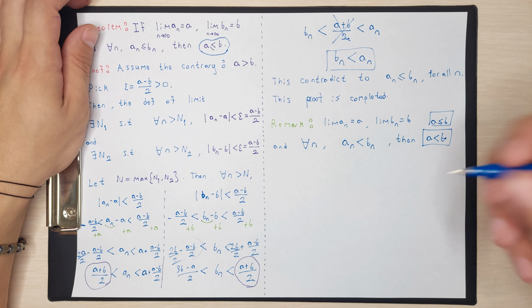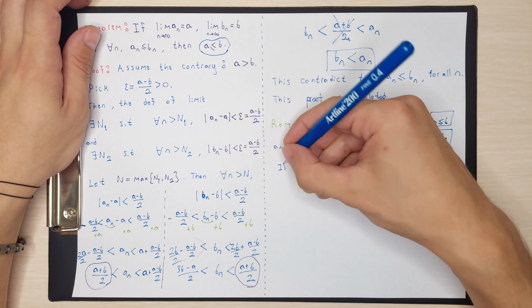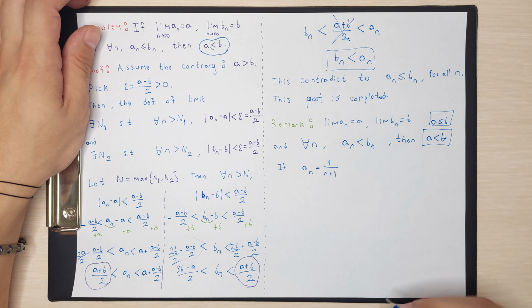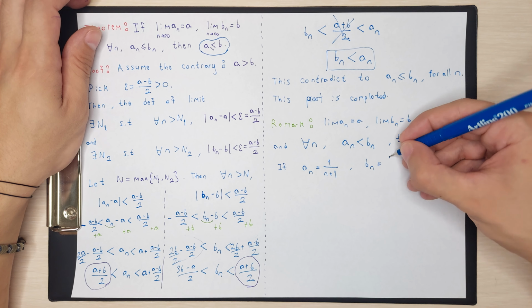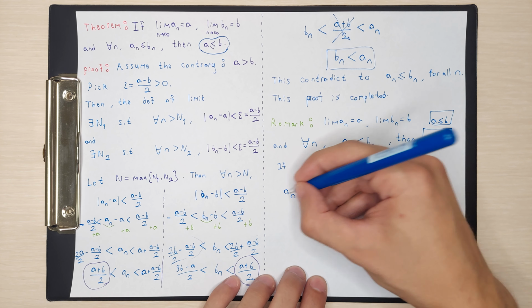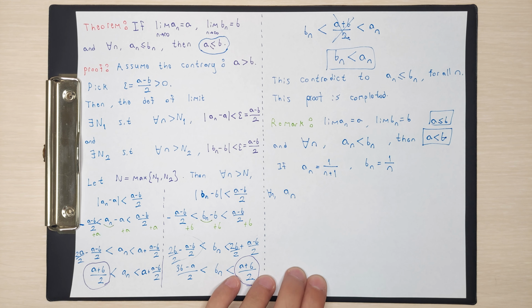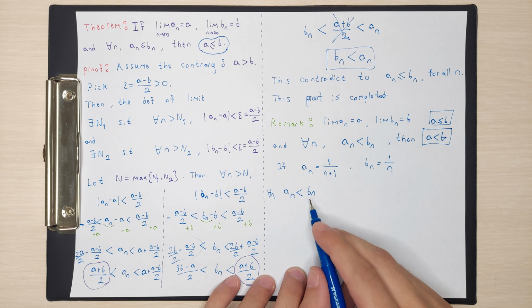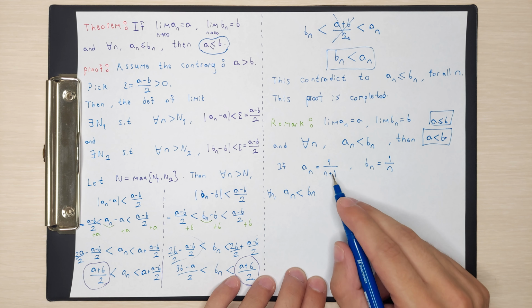No, the answer is no, because if you say that an is 1 over n plus 1 and bn is 1 over n, then you can see that for all values of n, an is always less than bn, right? There is no equality for any n.